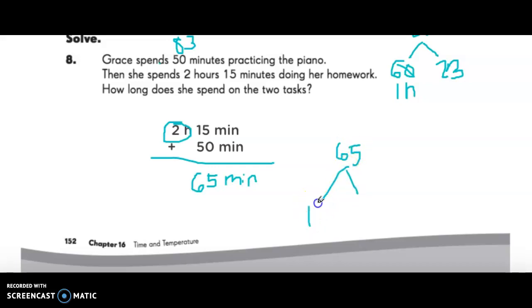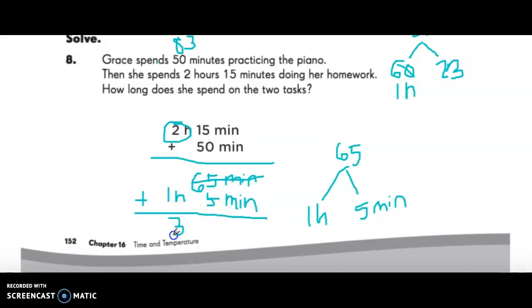We can pull out 1 hour or 60 minutes, and we'll be left with 5 minutes. And then we need to add our 2 hours. So this changes to 1 hour, 5 minutes like we showed over there, plus 2 hours gives us 3 hours and 5 minutes.